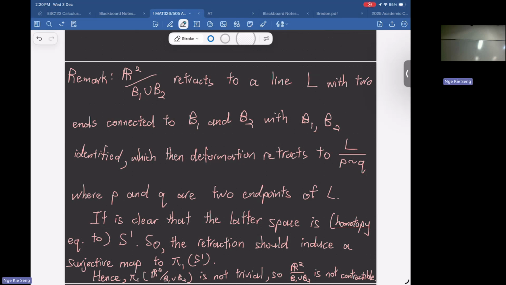So you surject onto something non-trivial. So your pi 1 is non-zero, not equal to something contractible, so you are not contractible.